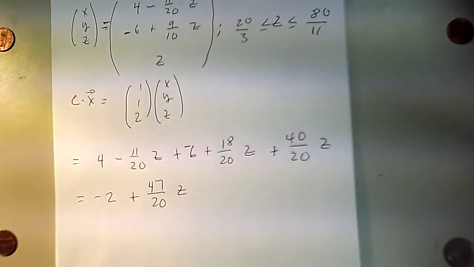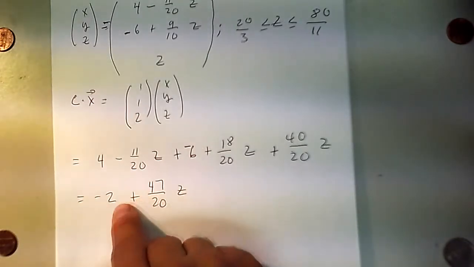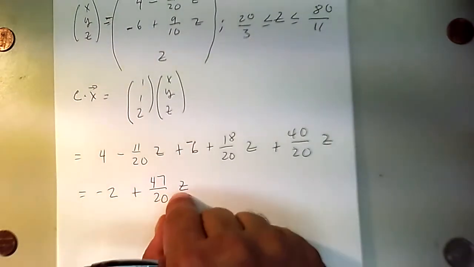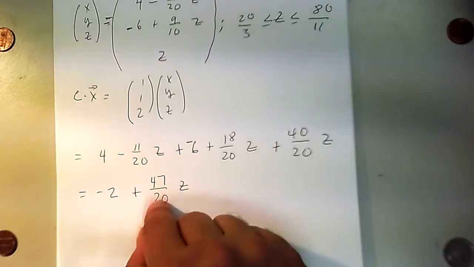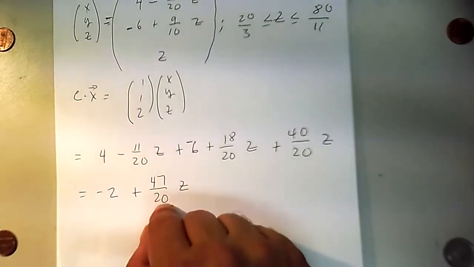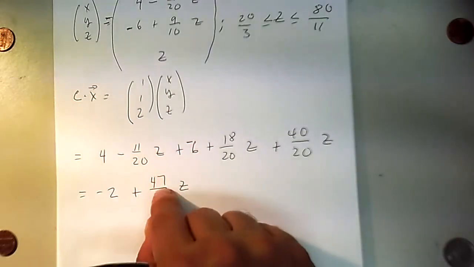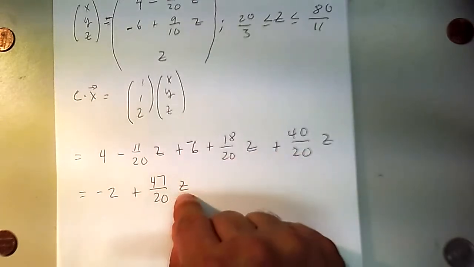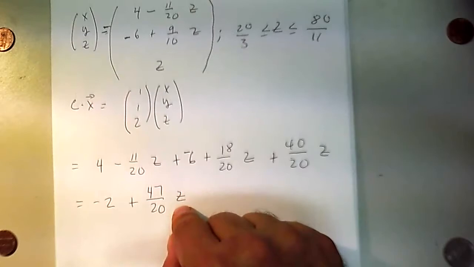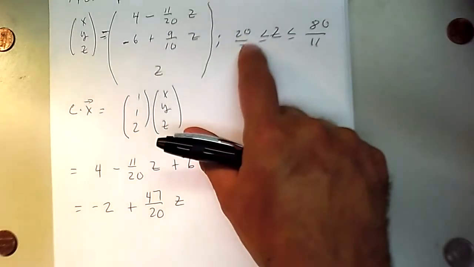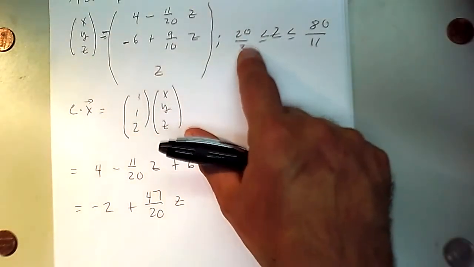So our cost, I'm pausing for a moment because I'm thinking, well, as long as this sum is positive, then the smaller the z, the better. So what z causes this to be smallest, that's got to be the same answer.